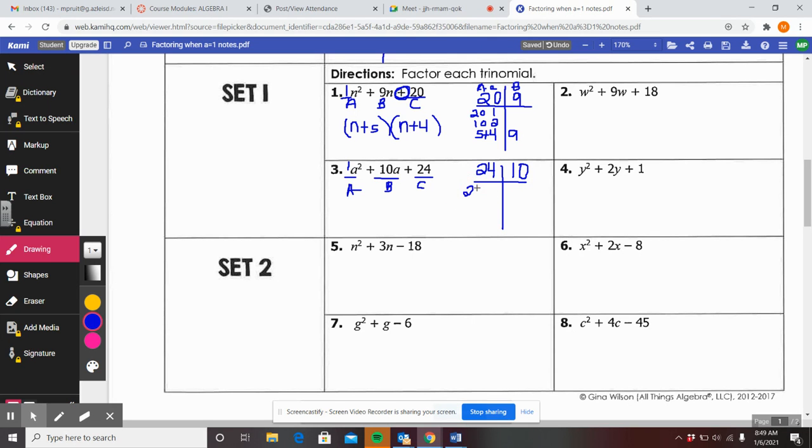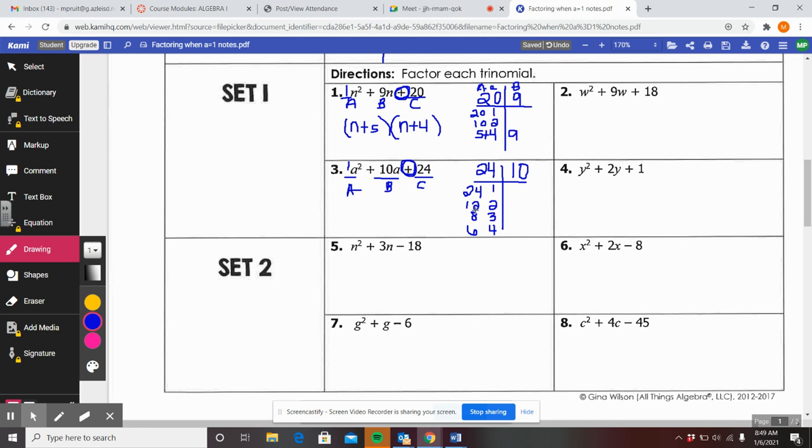So 24 and 1, 12 and 2, 8 and 3, 6 and 4. Okay, am I adding or subtracting? Adding.